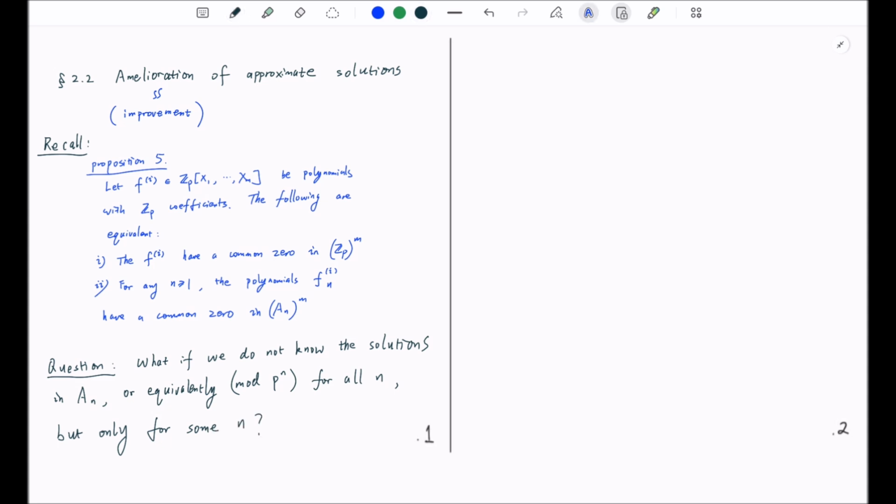In this case, in general, we do not expect to get a precise solution in Z_p, the ring of p-adic integers. But as a compromise, can we get an approximate solution instead? And this is a question that we plan to answer in this section.